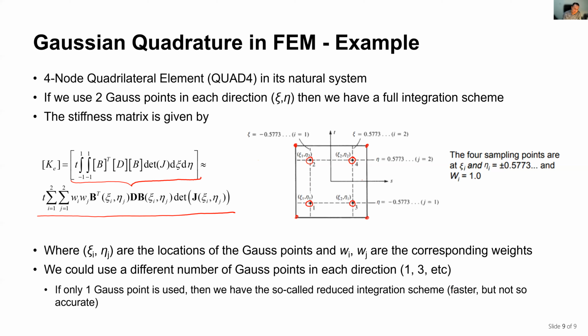And if I use 1 point per direction, I will need to calculate the integral only here in the middle of the element. And I call this a reduced integration scheme. So in finite element analysis, Gaussian quadrature is very important and very helpful, and it helps us to calculate these difficult integrals in an approximate but quite accurate way.